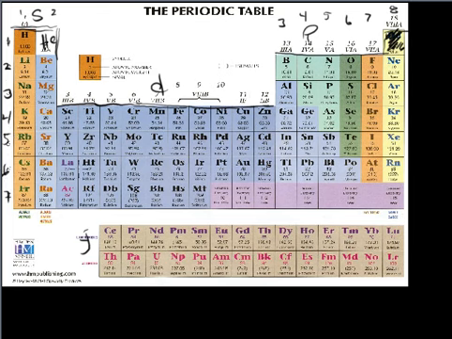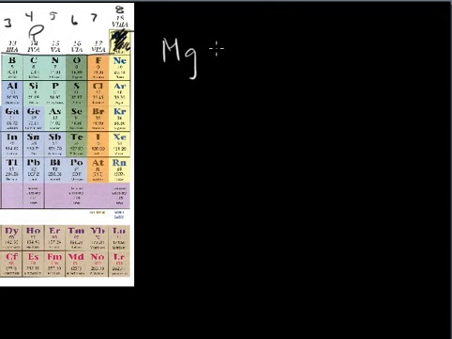Now, we're going to do a couple of things here. We're going to do the electron configuration as well as answer their question, which is how many electrons each of these elements has in its outermost shell, which is really just asking us what the valence electrons are. So, now that I made a mess of that chart, let's start off with magnesium. That's the first one. Atomic number 12.